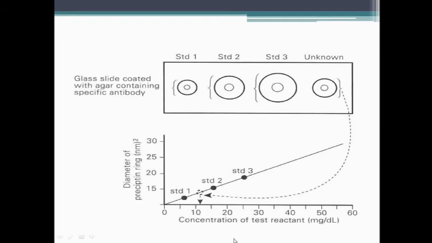We know the concentration of these known samples. So here we can measure the diameter of this antigen antibody precipitation and put it here, the diameter.